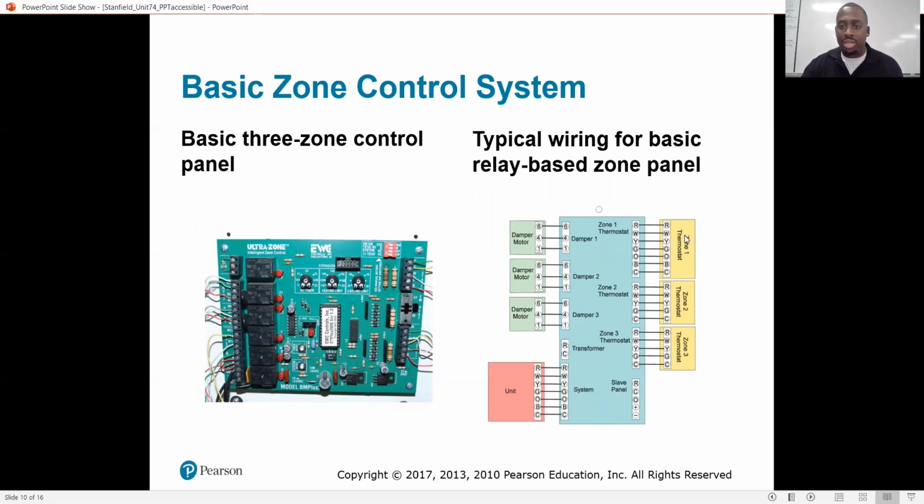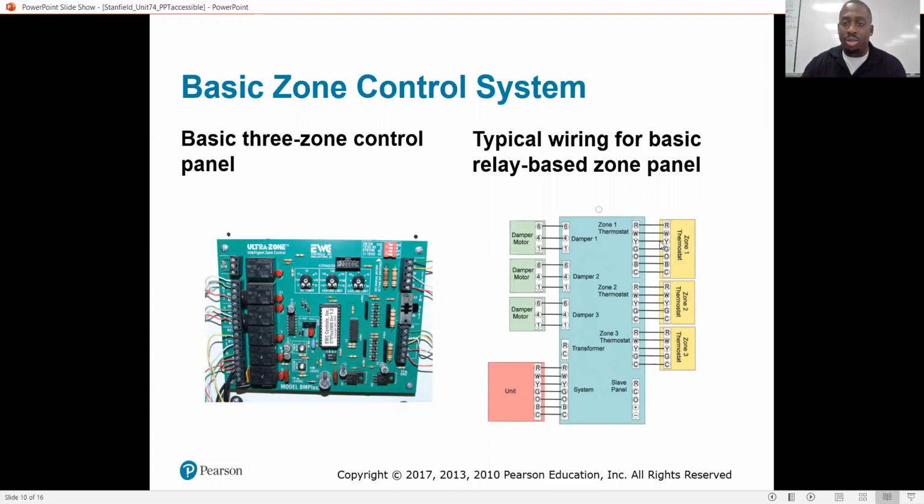So each zone thermostat corresponds with its zone damper. Now let's say they leave the living room and go back outside, while the other person is still cranking up the AC. They cut the thermostat off, but it's not going to cut the unit off because the other zone is still on.